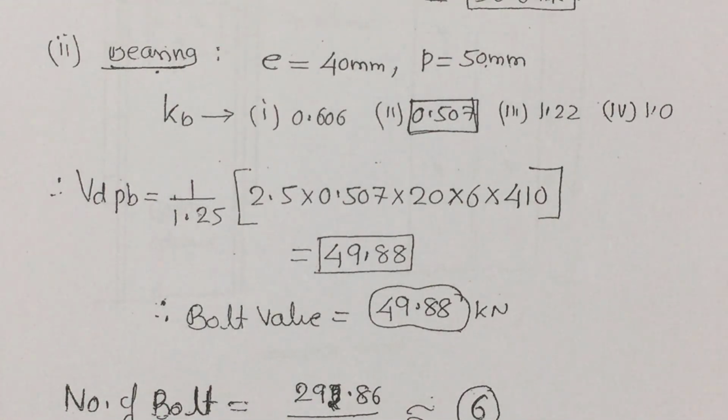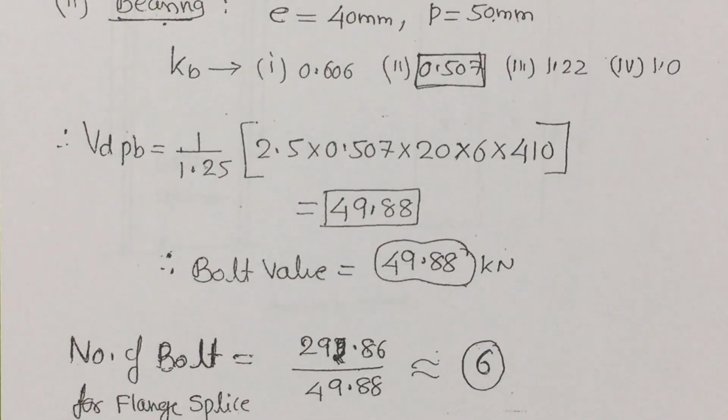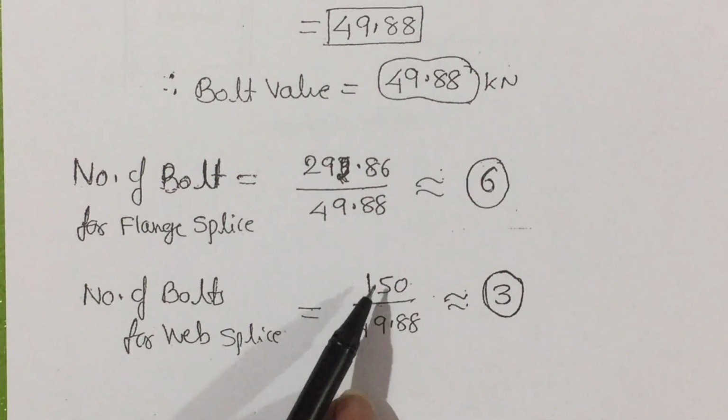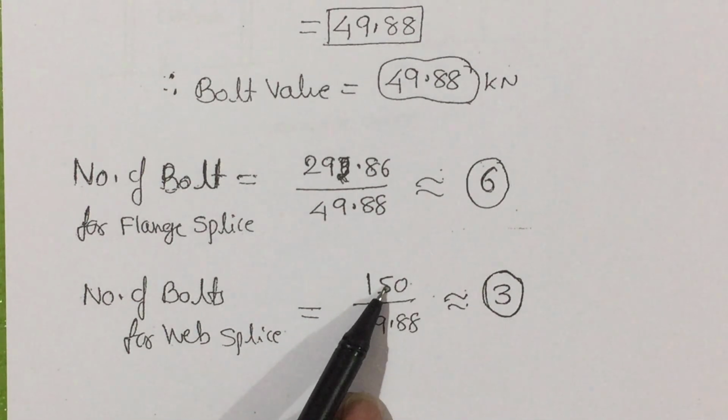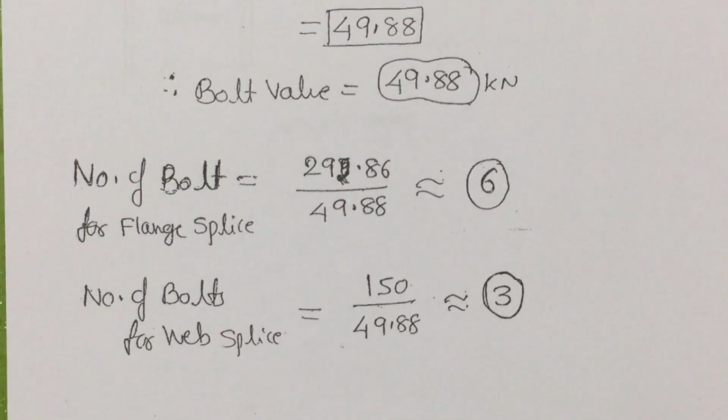Therefore, number of bolts is equal to the load you calculated, that is load plus additional load due to moment, divided by bolt value. You are going to get approximately 6 bolts, and that is for flange splice. For web splice, the load due to horizontal shear, 150, divided by bolt value, you will get approximately 3.